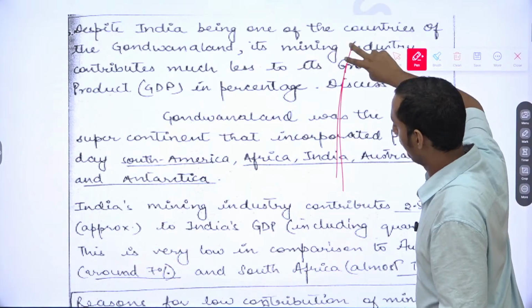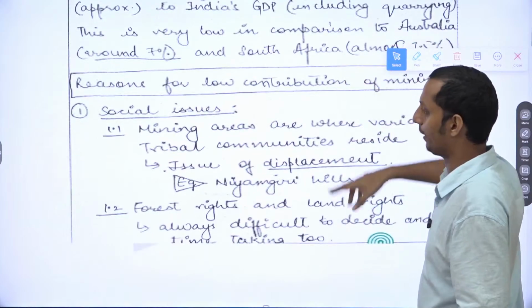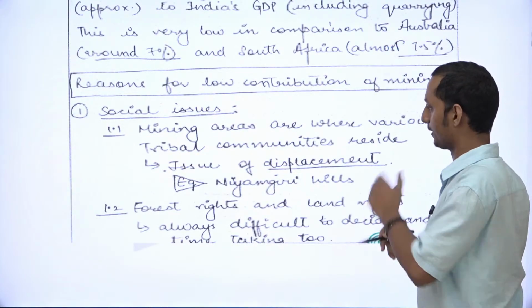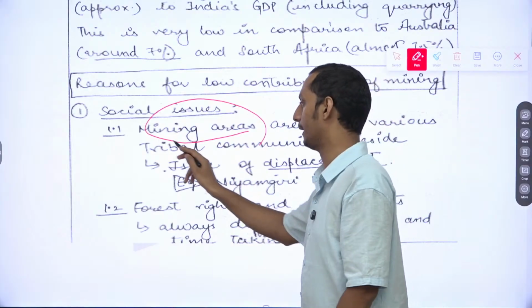Now, you need to mention the reasons. What are the reasons? You can mention the social issues, such as the mining areas being those areas wherein the tribals inhabit.